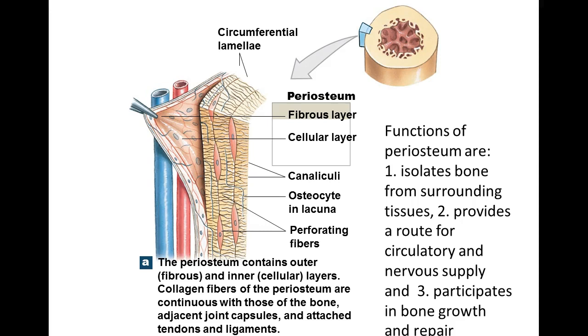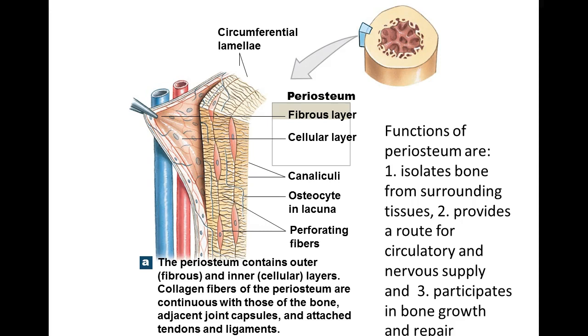Functions of the periosteum are to isolate it, to provide routes for circulation and nerves, and, in the fact that you do have osteoblasts and osteoclasts, to participate in bone repair, so monitoring the bone from the outermost aspect of it.